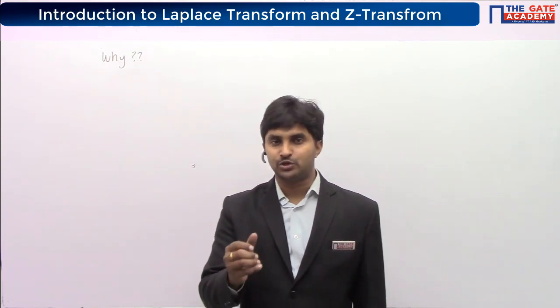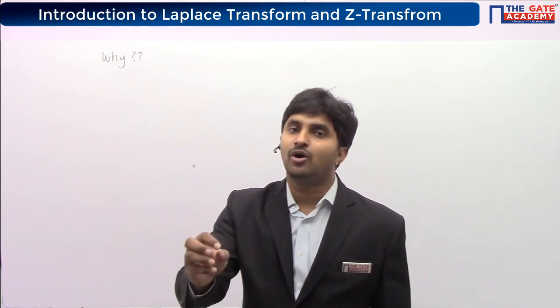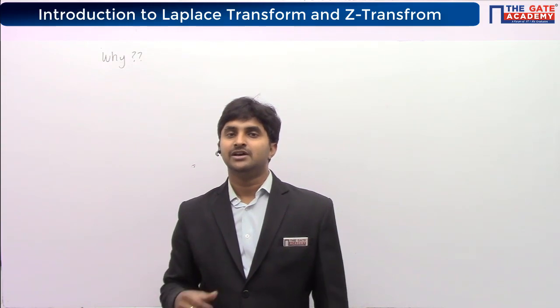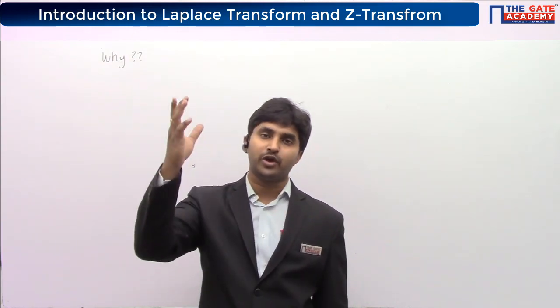Your Fourier tool is going to fail whenever it looks at unbounded signals or unstable systems. In those cases, we cannot apply the concept of Fourier series and Fourier transform. In many cases, we have proved that for the ramp function or a growing exponential function, the Fourier transform or Fourier series is not at all applicable.